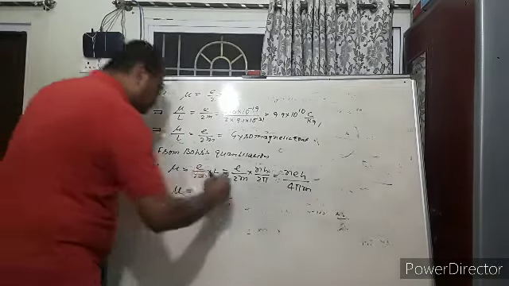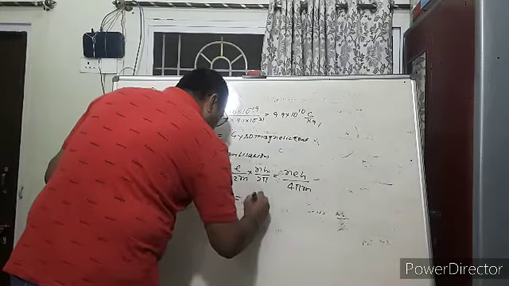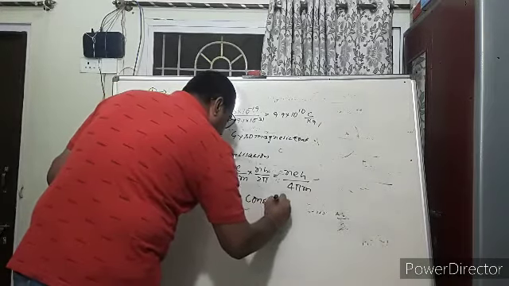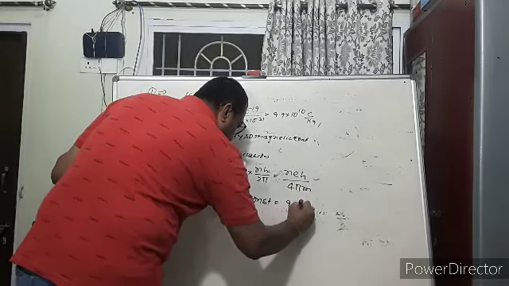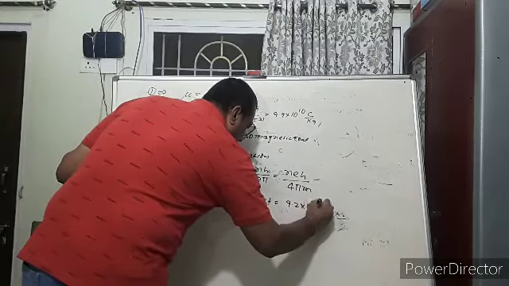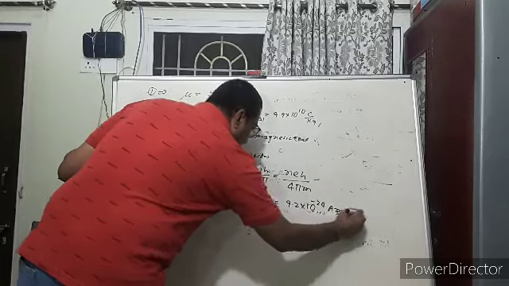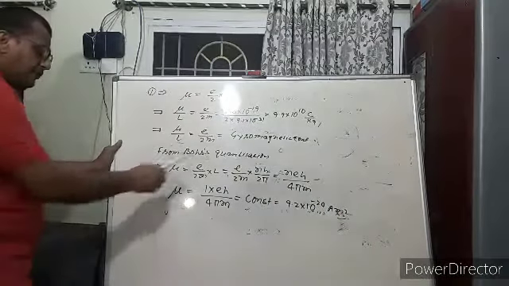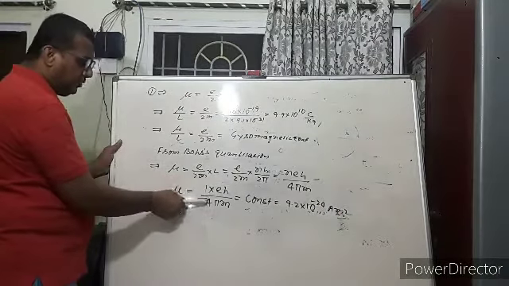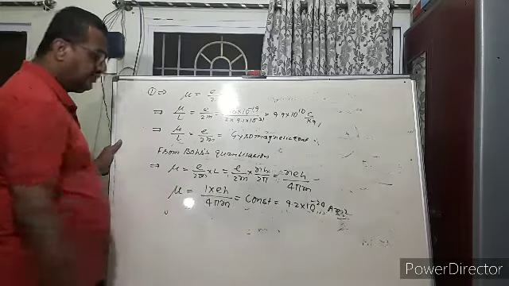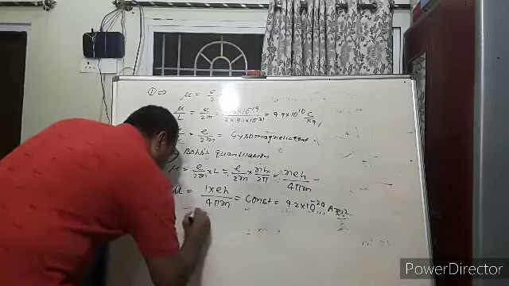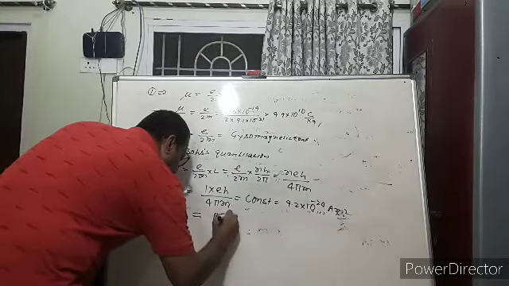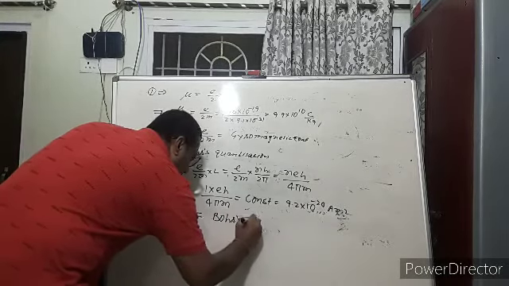It is a constant quantity, and its value is 9.2 into 10 to the power minus 24 ampere meter square. When we put the value of eh by 4 pi m, we get this value. This is also a constant, so it is also called Bohr's magneton.